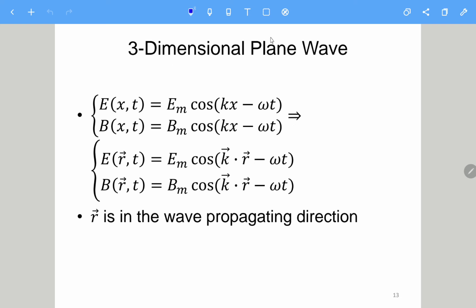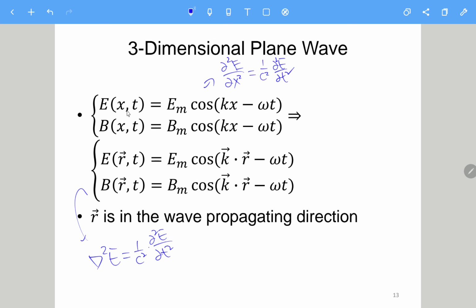And if it is in three dimensions, this is the solution to the Laplacian of E equals 1 over c squared, the second partial derivative of E with respect to t. Okay, like this. So this is a solution.